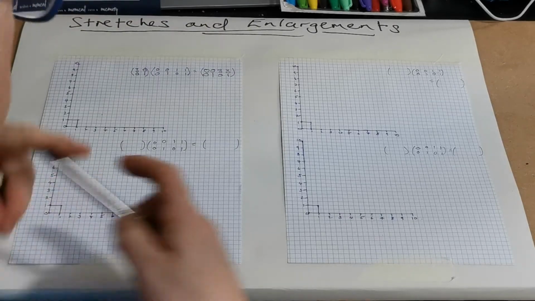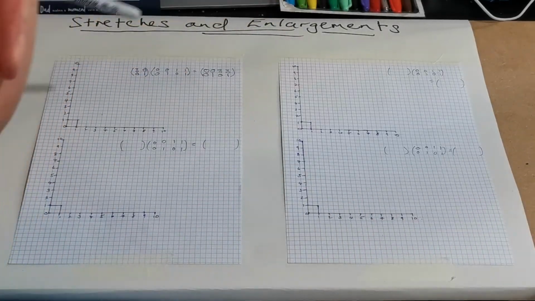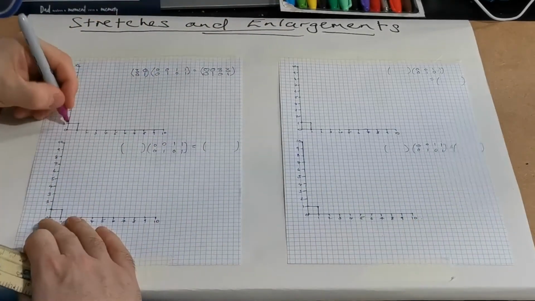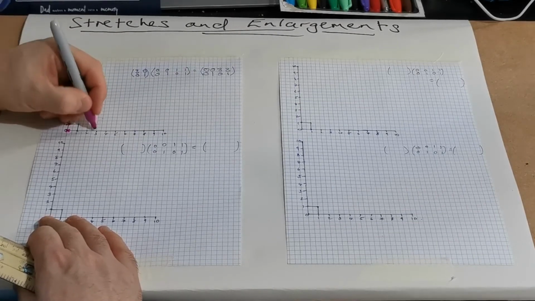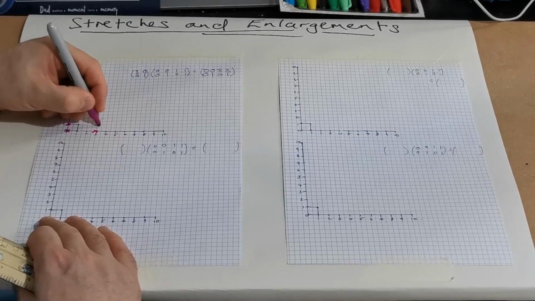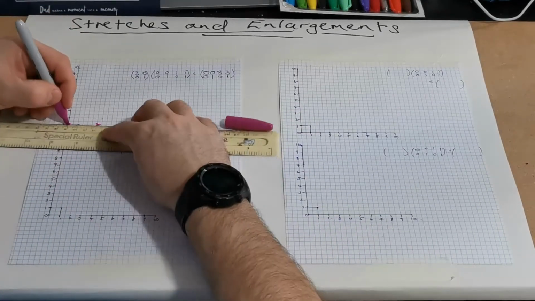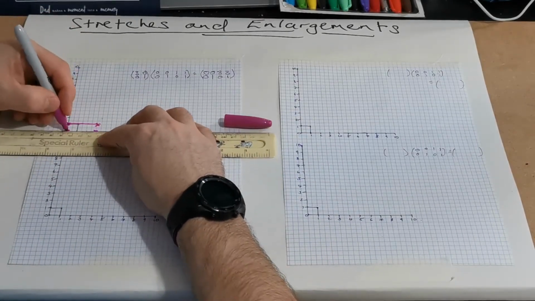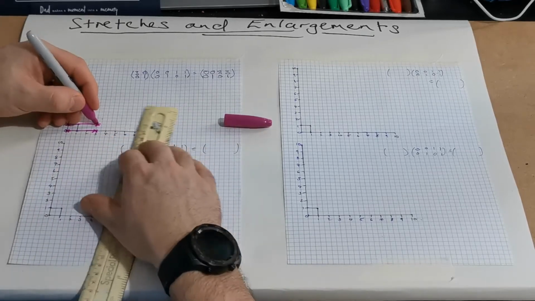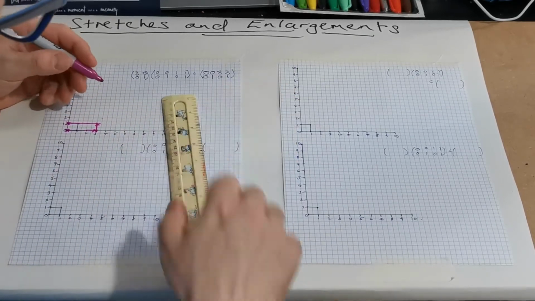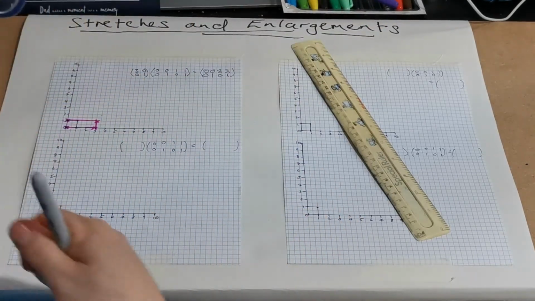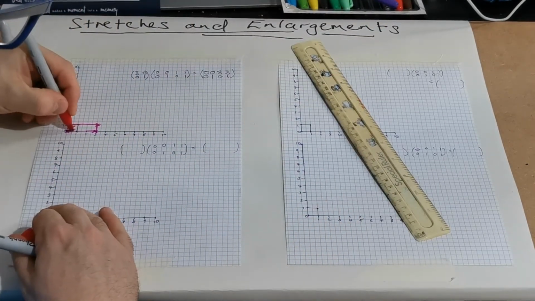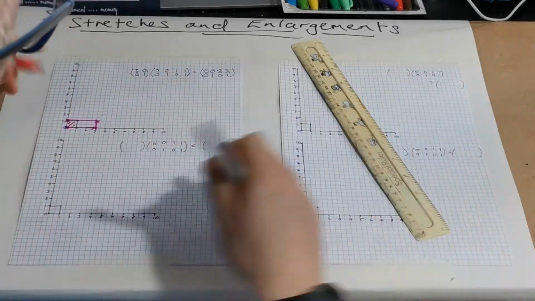So I think you might be able to see that when I join these points together, I've got 0, 0, 0, 1, 3, 0 and 3, 1. I end up with this rectangle. And so what I've done to my original unit square is I've stretched it.